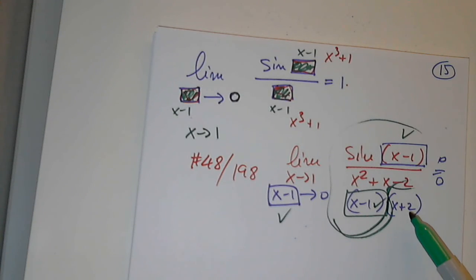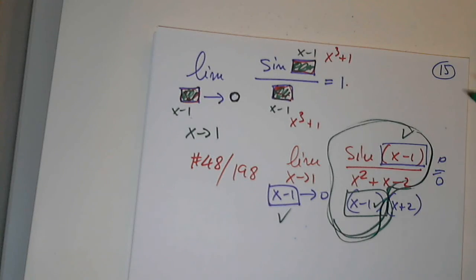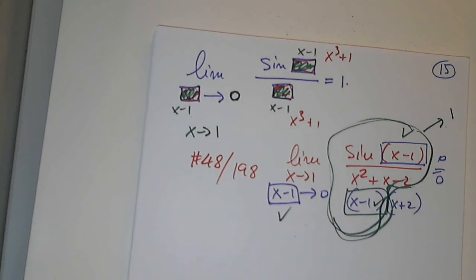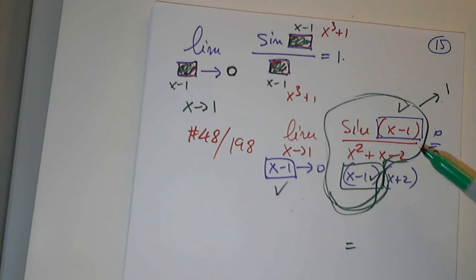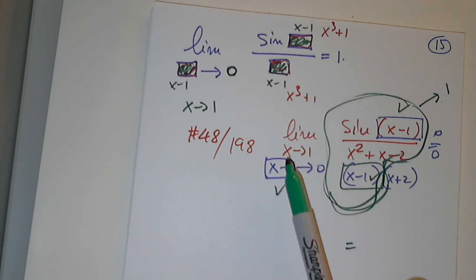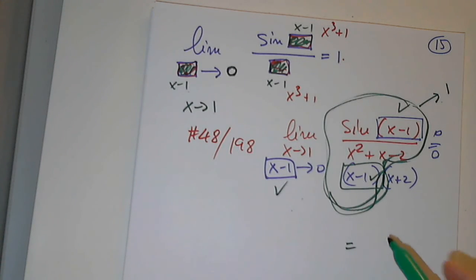See, I still have x plus 2 in the denominator. Where is this going? This is going to 1. But then where is 1 over x plus 2 going when x approaches 1? 1 over 3, indeed.